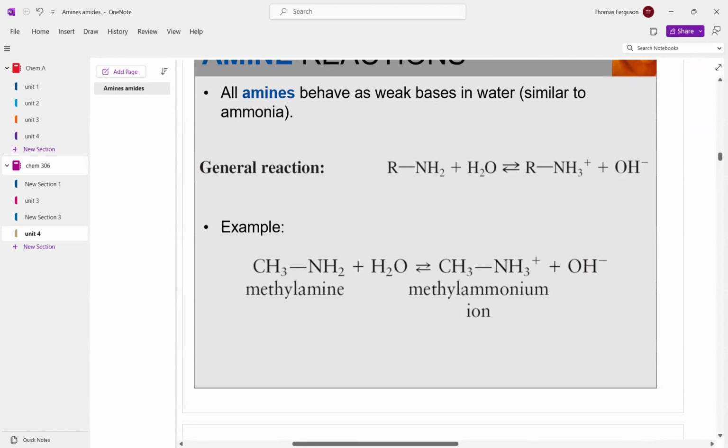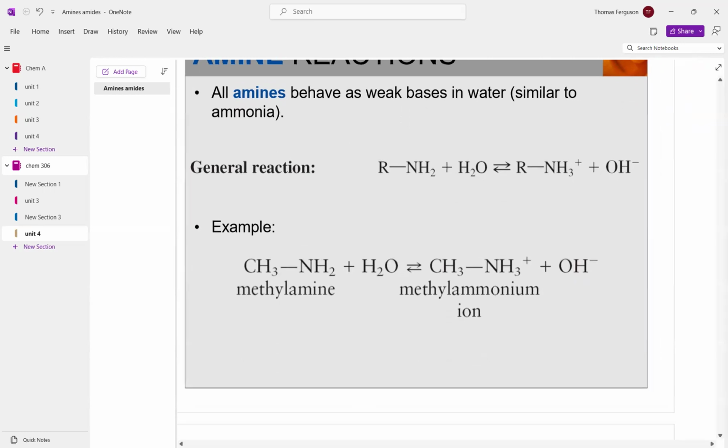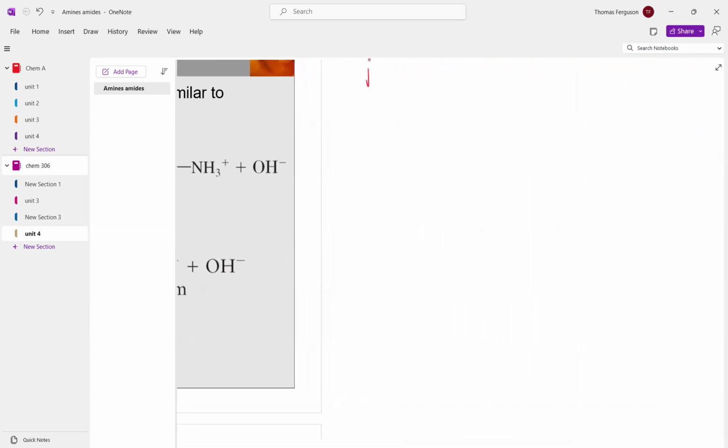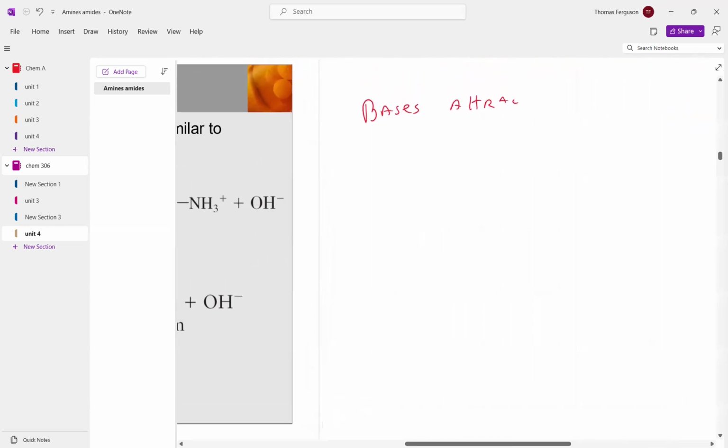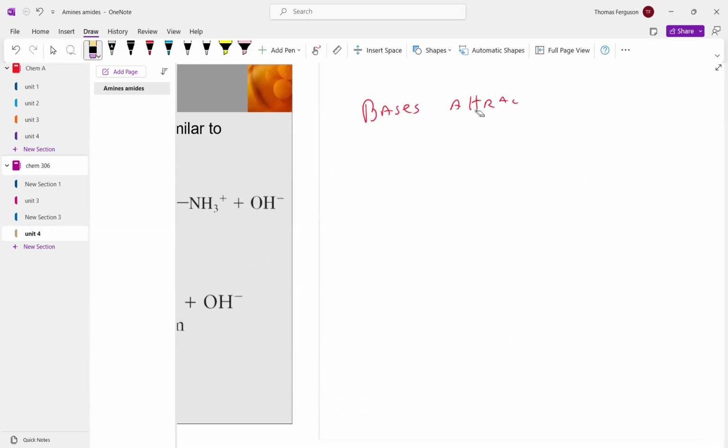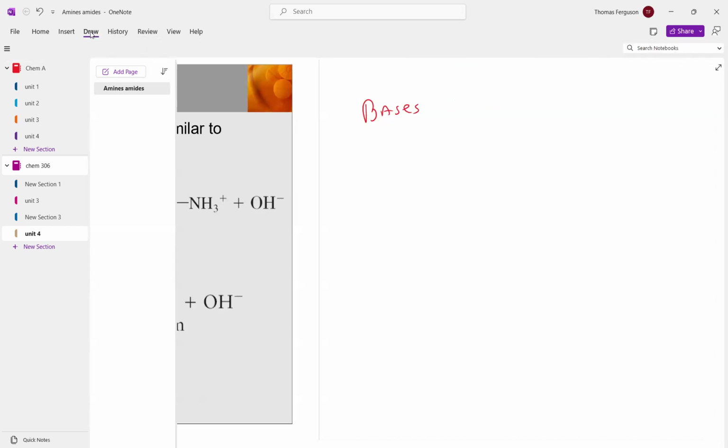Now, amines can act like bases. So if they act like a base, that means they want to attract protons, or hydrogen pluses.